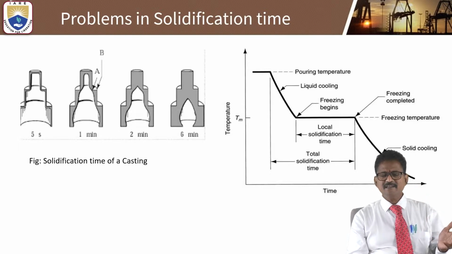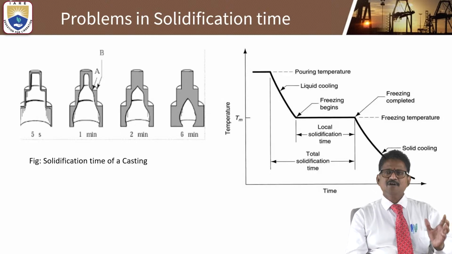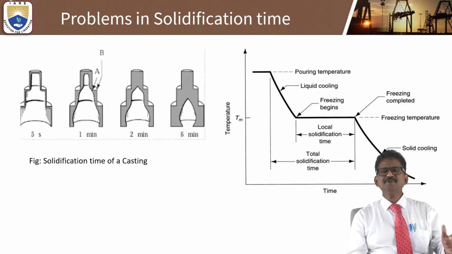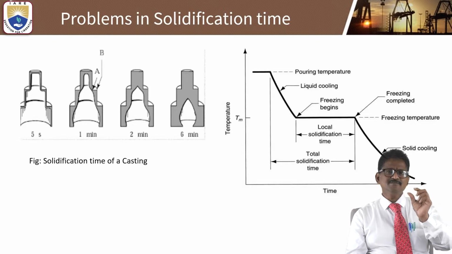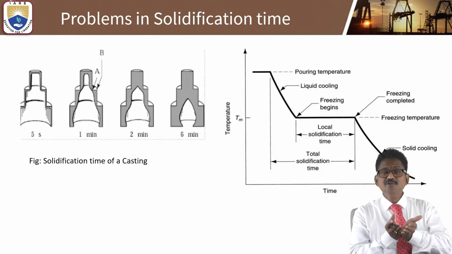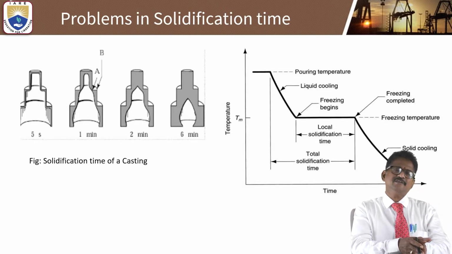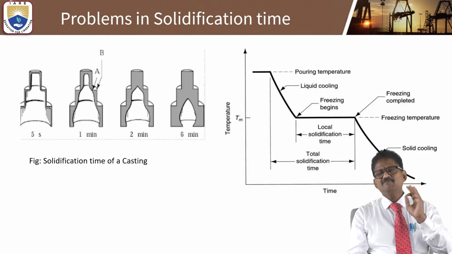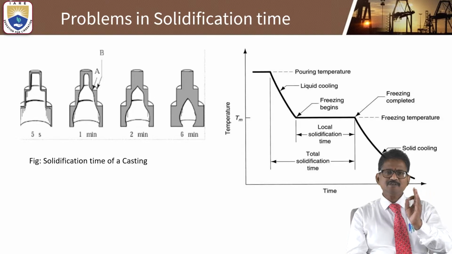These can be calculated with rules from scientists like Chvorinov's rule, and Rosenthal. These people identified how much time is taken to fill the molten metal into the mold cavity. How do you determine that pouring time? And after pouring, how much cooling time should be given? That is called solidification time.